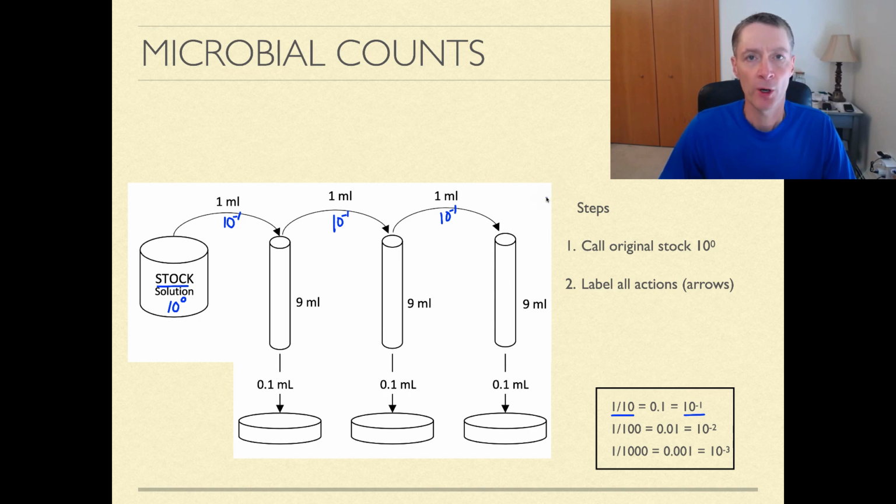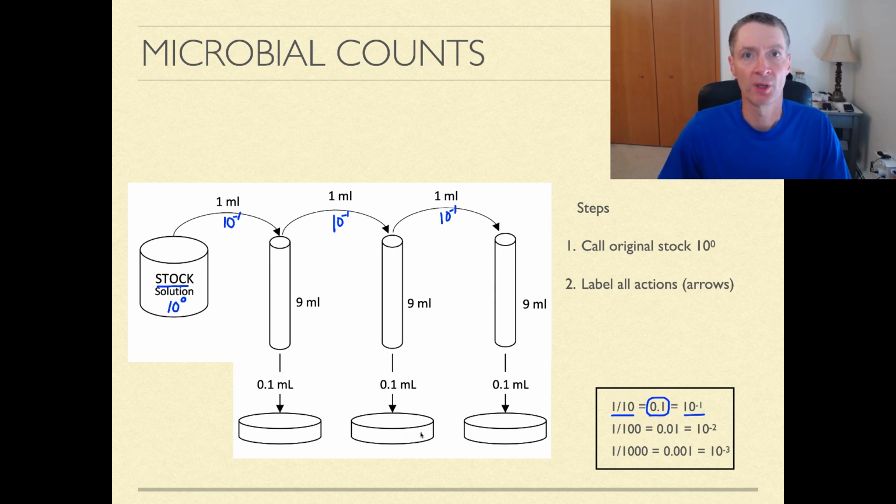Now I see a few more actions. I see some arrows down here where some amount of the solutions in these tubes are then going to be placed onto the agar of these plates down here. It says 0.1 milliliters will be placed on the surface. Now, 0.1 is the same as 10 to the negative 1.